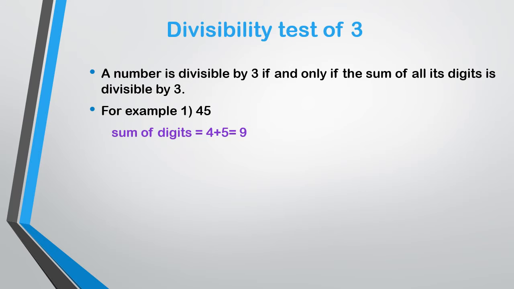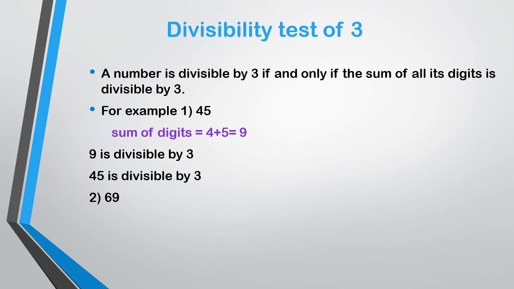Now we can easily check whether 9 is divisible by 3 or not using the 3 table. 3 3s are 9, isn't it? So 9 is divisible by 3. So 45 is also divisible by 3. So it is a simple one. You have to find the sum of digits, then check whether the sum of digits is divisible by 3 or not. We'll see another example.